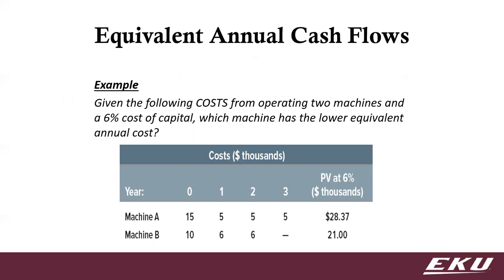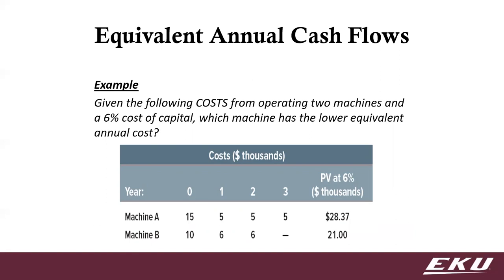Machine A costs more, 15,000 up front, but it lasts an extra year, and it also costs less to operate in those years. Machine B is cheaper up front. It does cost a bit more to run, and it doesn't last as long. So the question is, which one should you get?